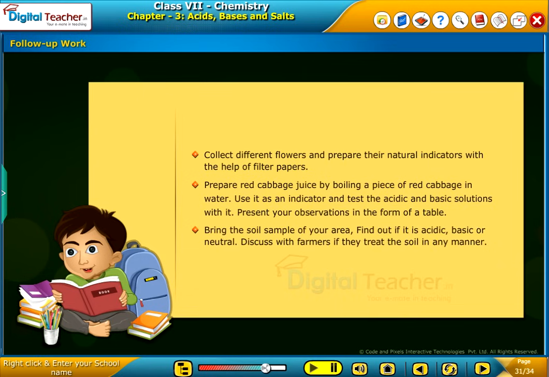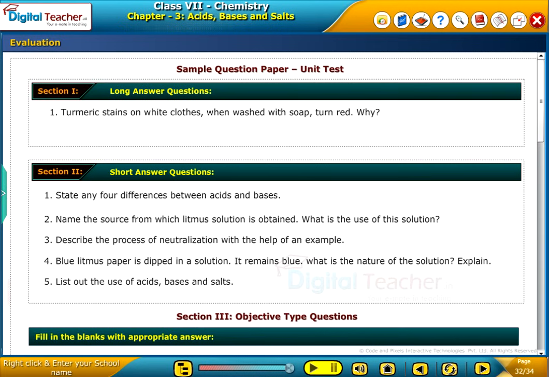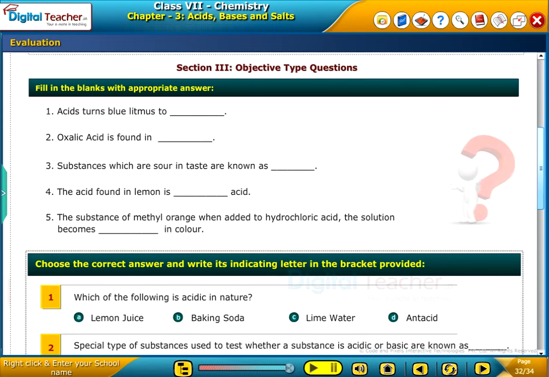Bring the soil sample of your area. Find out if it is acidic, basic or neutral. Discuss with farmers if they treat the soil in any manner. Test your understanding of the lesson by taking the mock unit test.